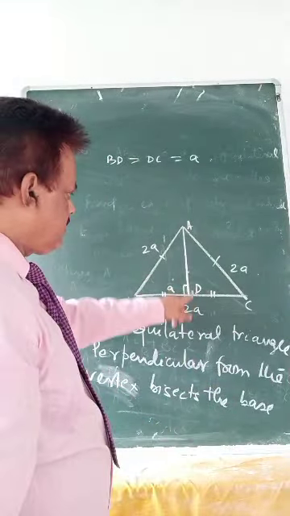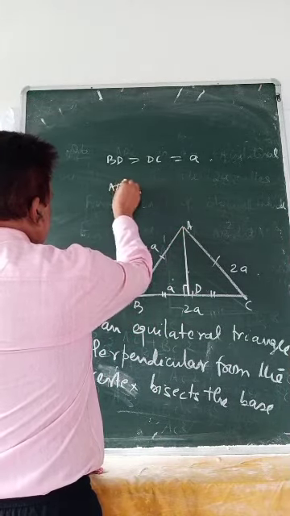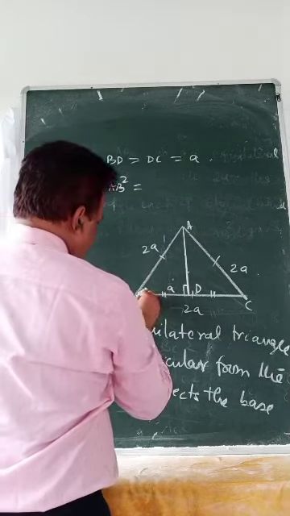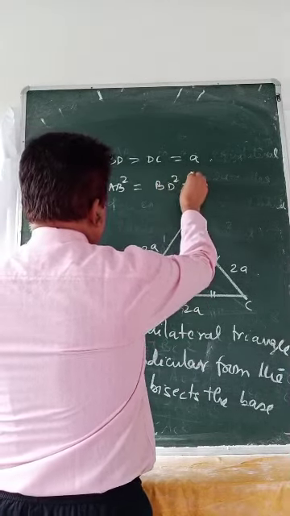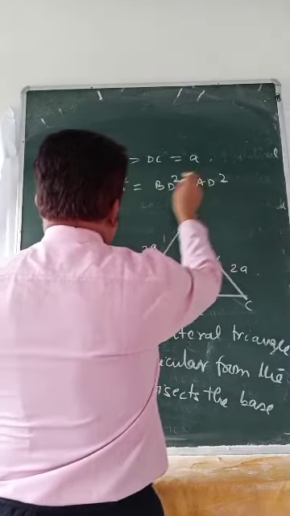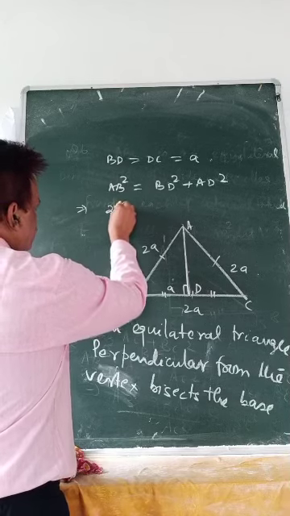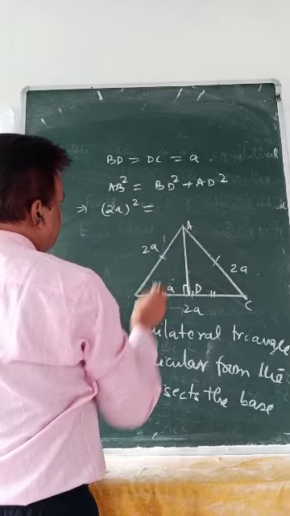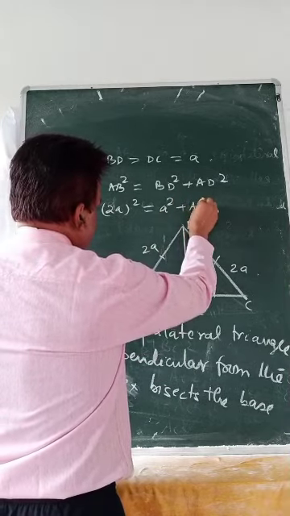Use Pythagoras theorem. Square of the longest side: AB square equals BD square plus AD square. AB is 2A, so 2A square equals A square plus AD square.